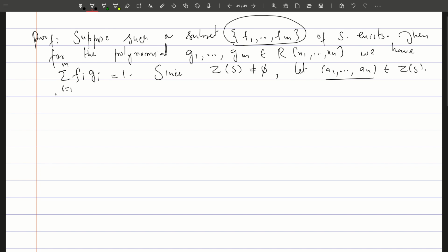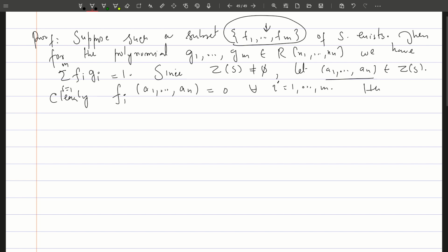So clearly fi of this n-tuple, when we evaluate each polynomial at this point, we get 0. So this is true for all i from 1 to m.